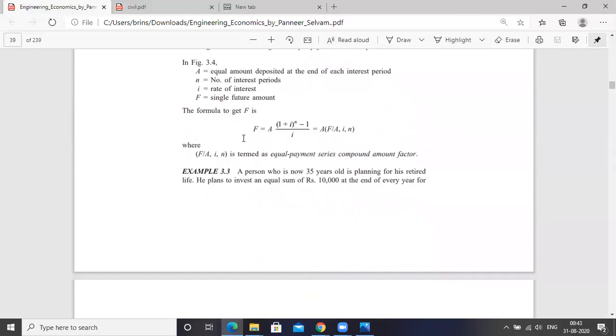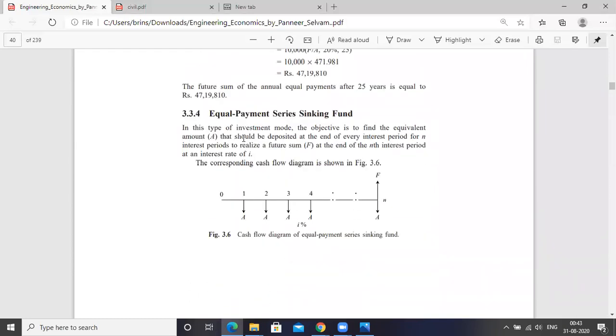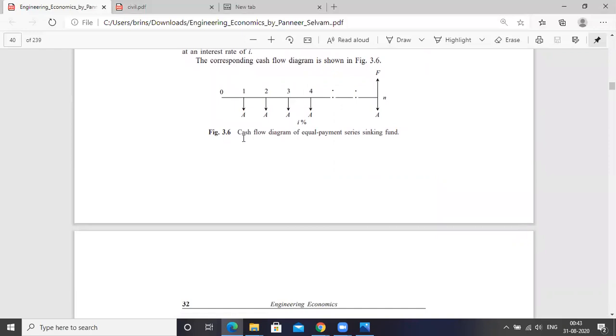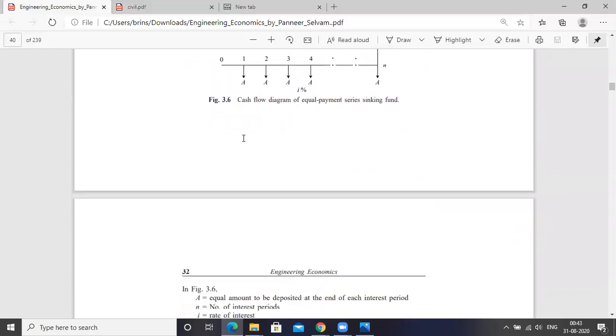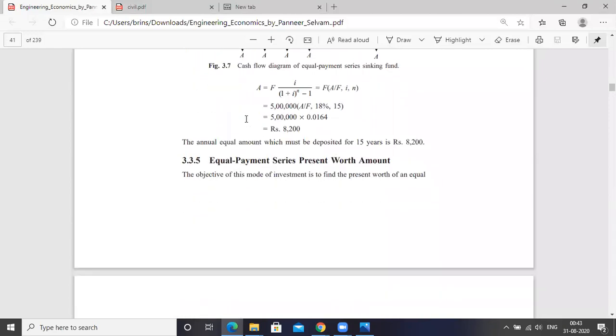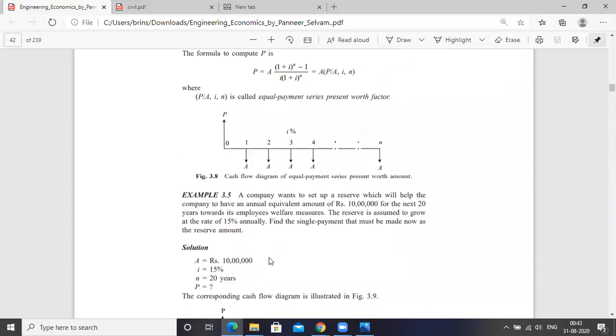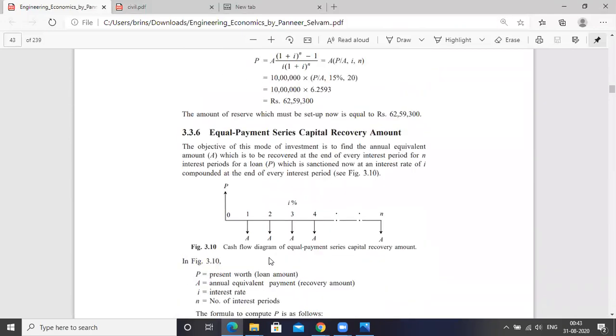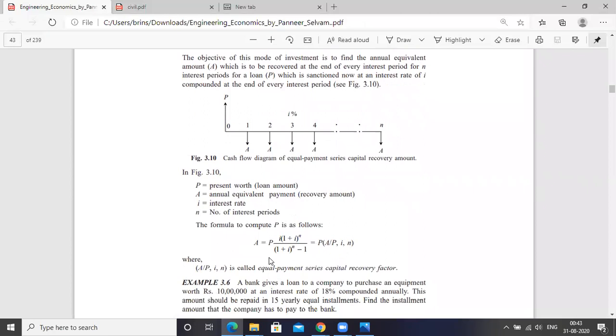Okay, so by substituting in this, that is A is equal to P into A by F, F by P, you can get the ratio for the capital recovery amount, right?